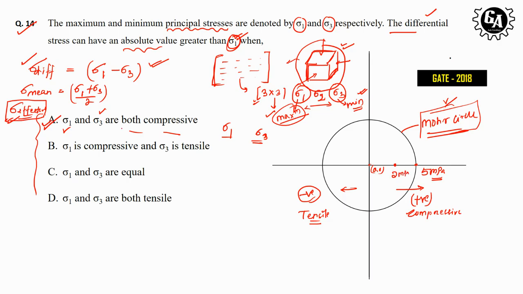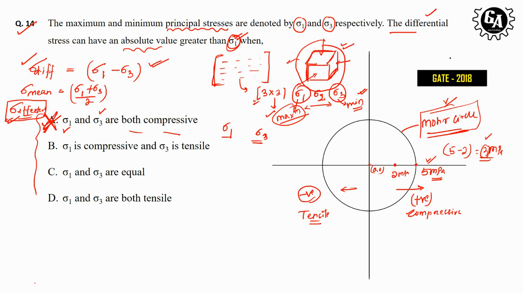If we calculate the differential stress, this is 5 minus 2, which is equal to 3 MPa. Now 3 MPa is not greater than sigma 1, so this condition is not applicable.